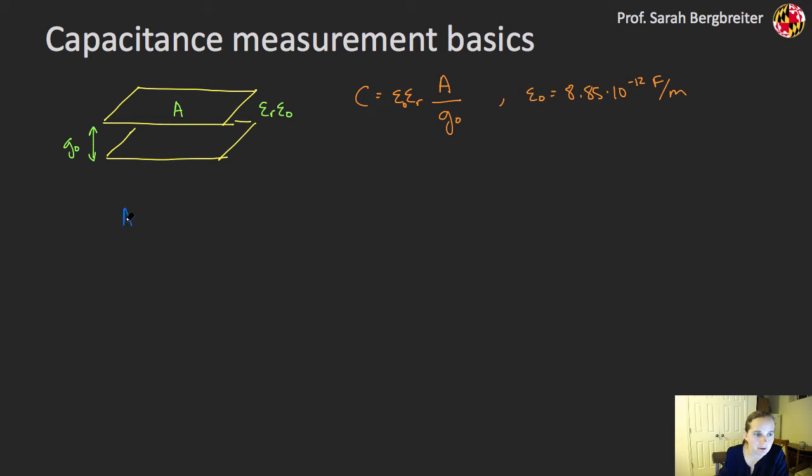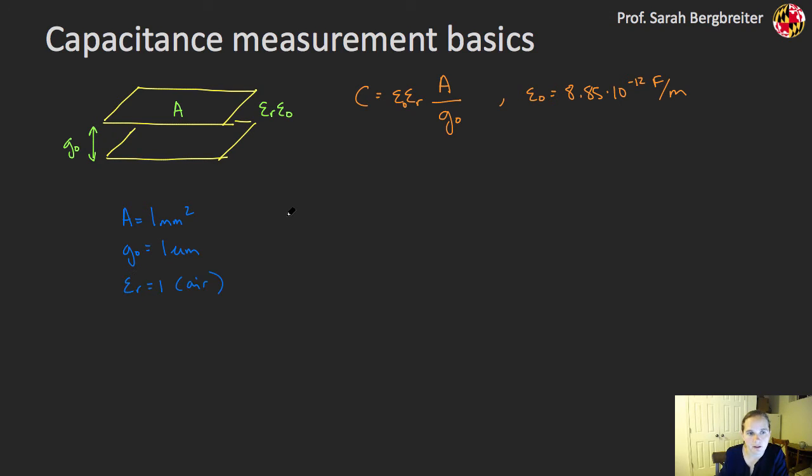If I give myself an area of something like a millimeter squared, so 1 millimeter on each side, and an initial gap of 1 micron, this is where microelectromechanical systems come into play, because I can make very small gaps, and capacitive sensors are prolific there. Then I'll say I have air between my conductive plates, so my epsilon r is 1.